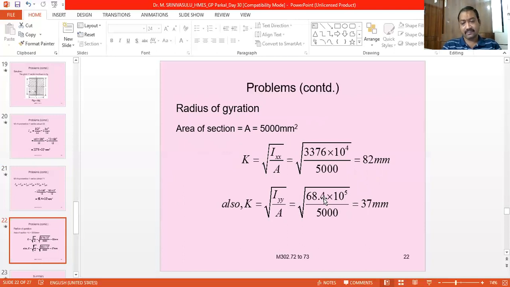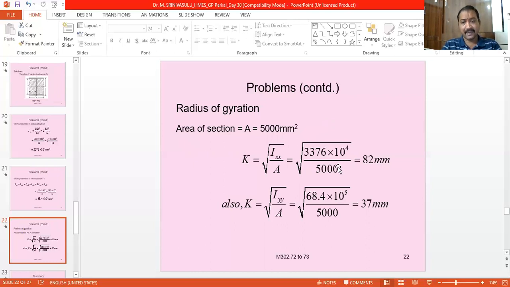Next, we need to find out the radius of gyration. The common equation is k is equal to under root of I by A, so kx is equal to under root of Ixx by A. Here we have the Ixx value and the A value, that is the total area, equal to 5000 square millimeters.